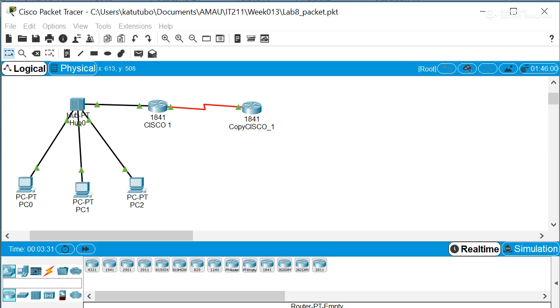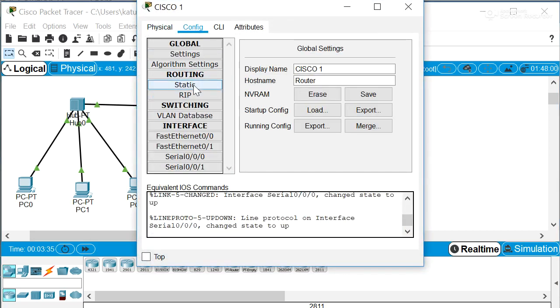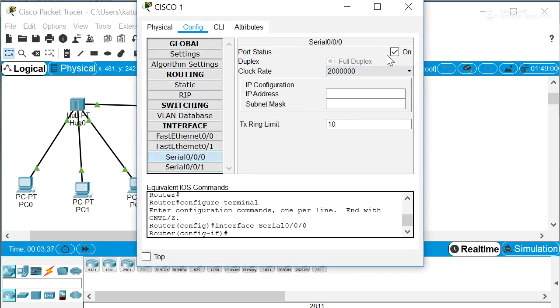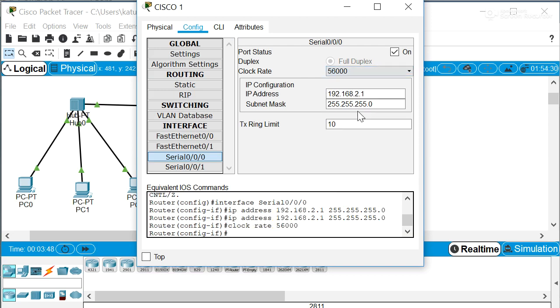Okay, so I configure my Cisco 1 serial port. It's already on. 192.168.2.1 is my IP address. The clock rate is 56,000.